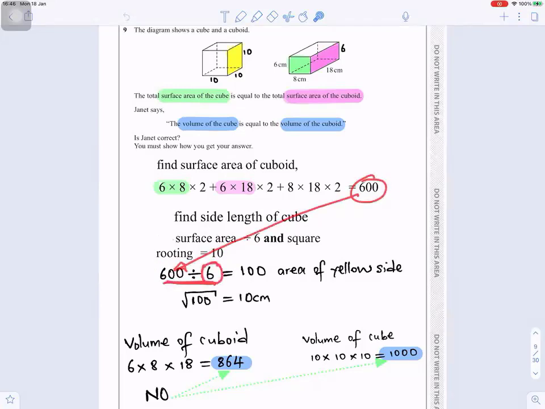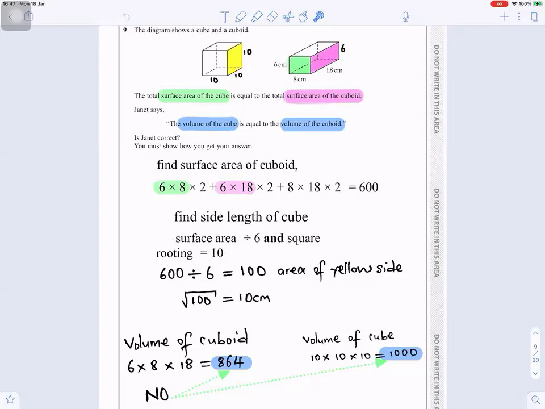Divide by 6 gives you 100. So 100 is the area of that yellow side, which is 10 times 10. So what's the square root of 100? It's 10. So each side of the cube is 10 centimeters.